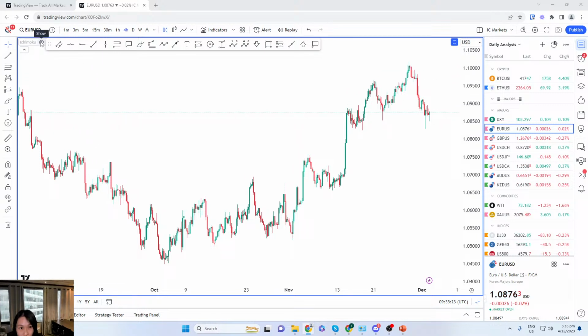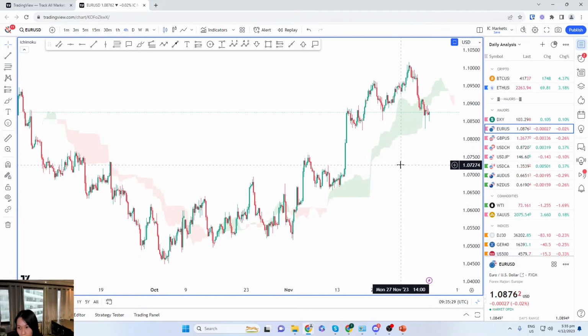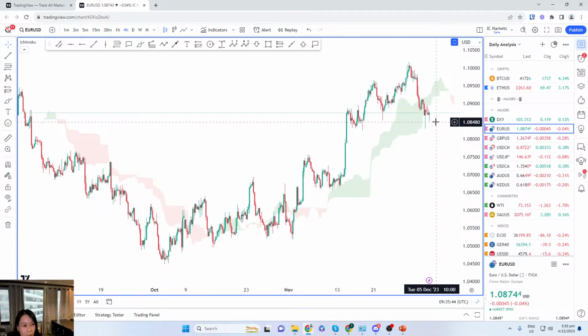Let's look at the current momentum. As you can see from the Ichimoku cloud, the current price is under the Ichimoku cloud. So you can see that right now euro dollar is moving towards the bearish momentum, bearish trend.